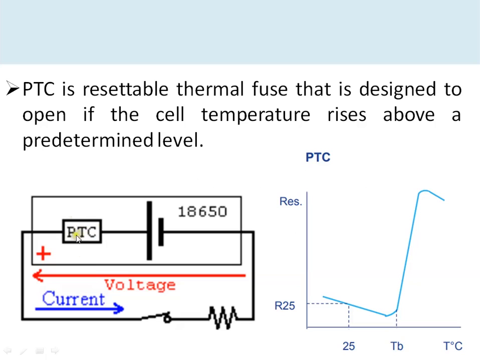Whenever more current is passing, the temperature increases, and the resistance of this PTC increases. This increase of resistance limits the current going out of this battery and protects the battery in case of any short circuit or overcharging condition.